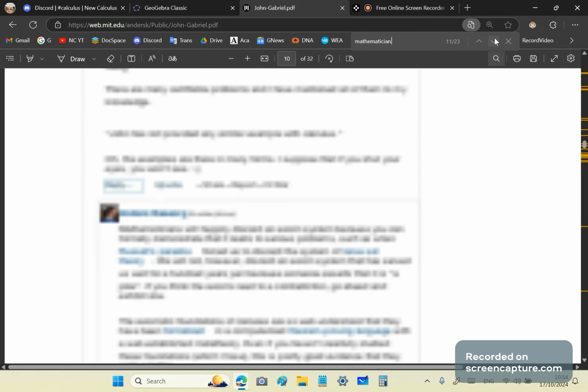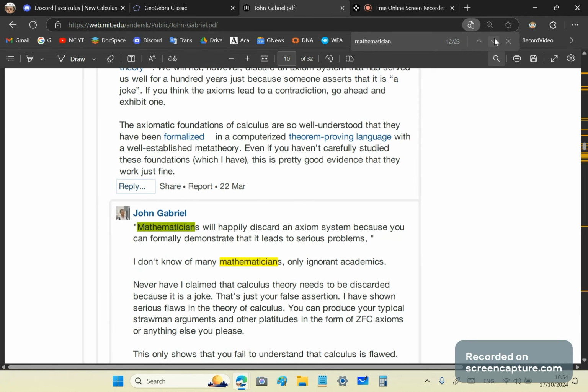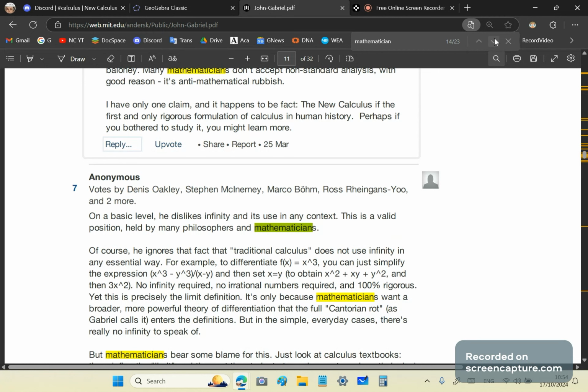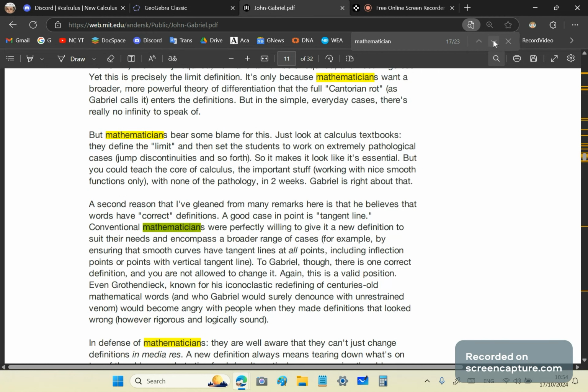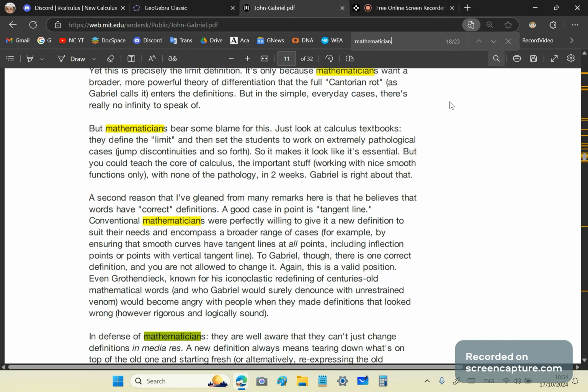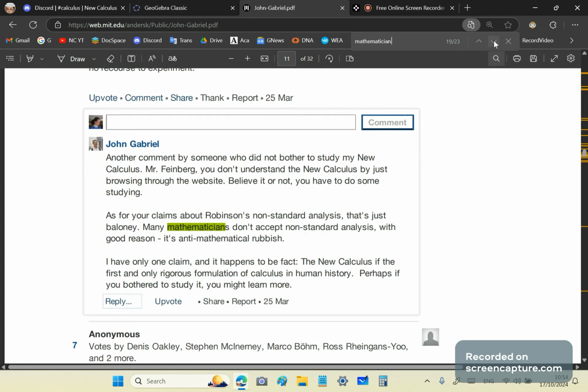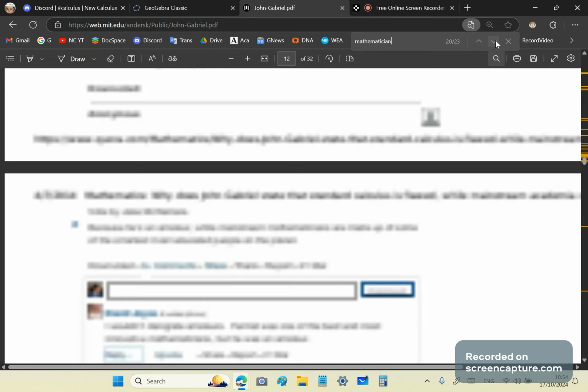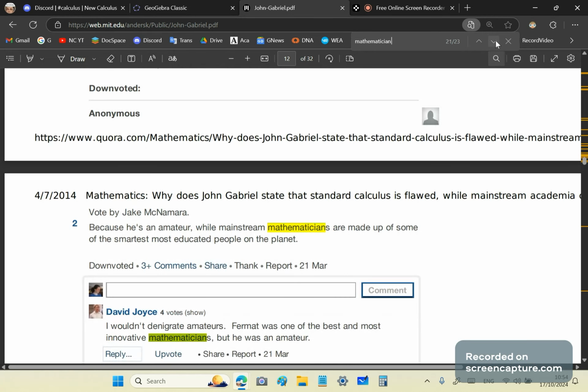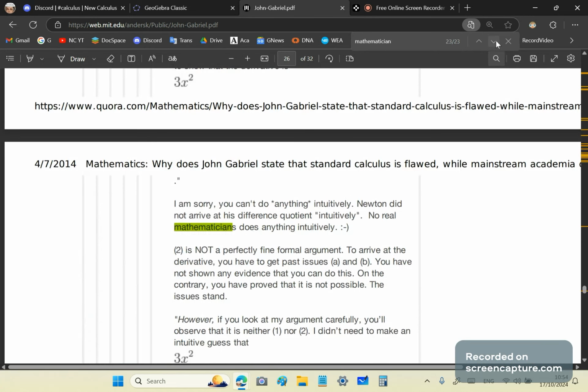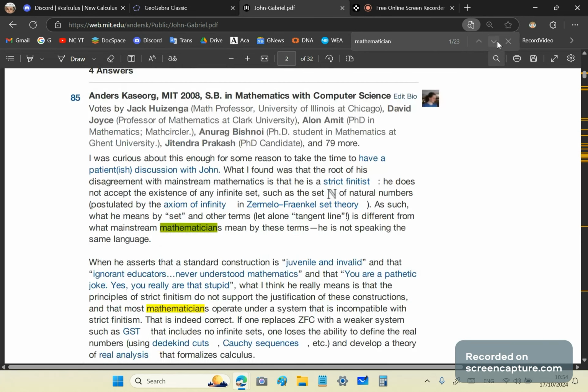And here's another one. Let's just go back here. It says that mainstream mathematicians are so smart, which is unbelievable. Anyway, I encourage you to go here and read this whole discussion, okay?